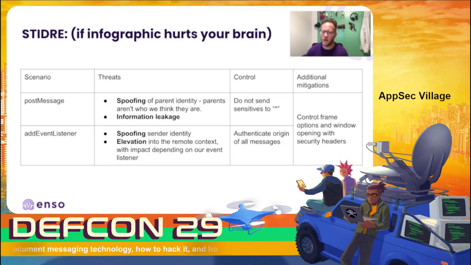On the addEventListener side, when our code is handling incoming traffic, again there is a threat that the sender identity is spoofed, the sender is not who we think they are. And the threat of elevation is that the message instructs a function in our context, and in this context, the instruction can give the attacker more privileges, triggering some forward functions.